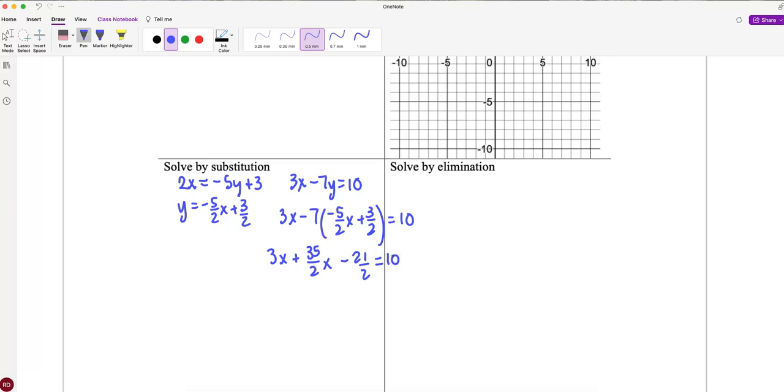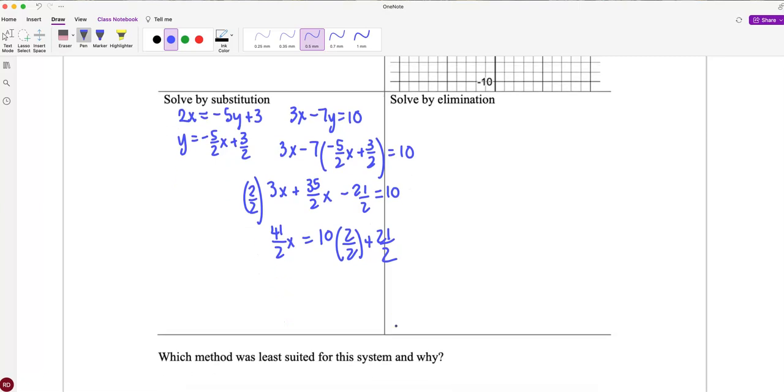If I think of the 3x as being multiplied by 2 over 2, that's 6 over 2x. So I get 41 over 2x equals 10 plus 21 over 2, using a common denominator of 2. So that's going to be 41 over 2. So 41 over 2x equals 41 over 2. So x is equal to 1.